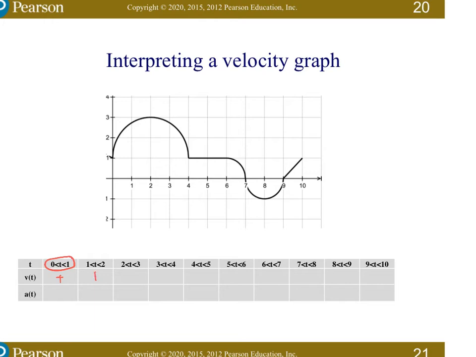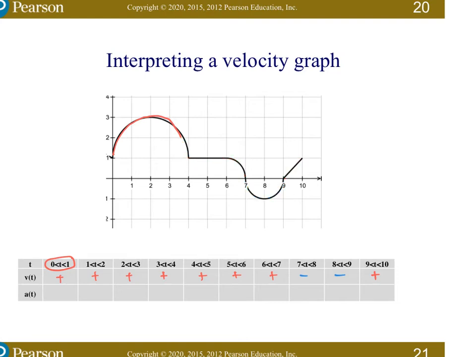And it remains above the x-axis for this entire section until I get to number 7. It is below the x-axis from 7 to 9, and then it returns to above the x-axis. So that's just the position of the velocity, the values of the velocity.